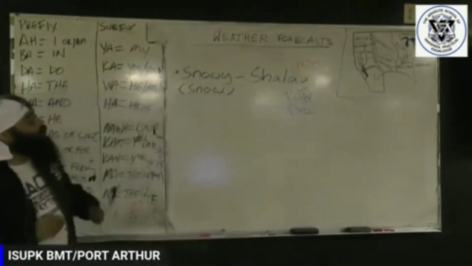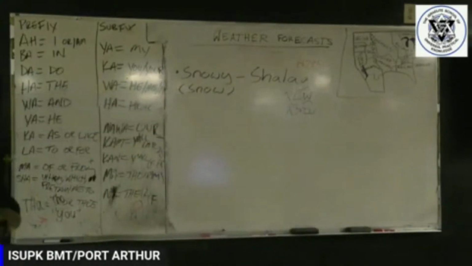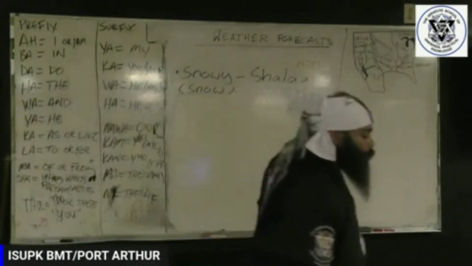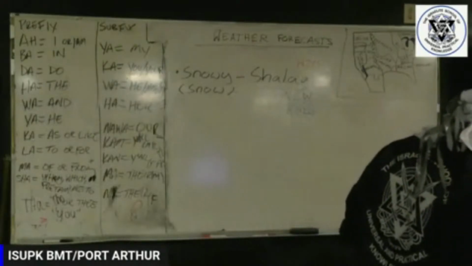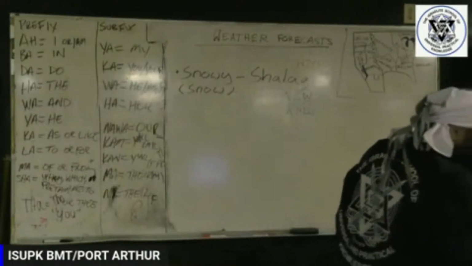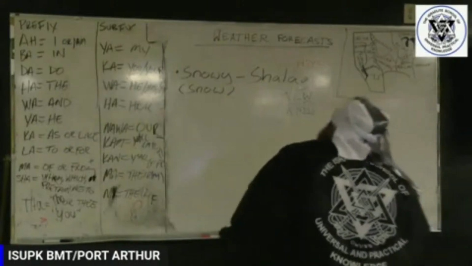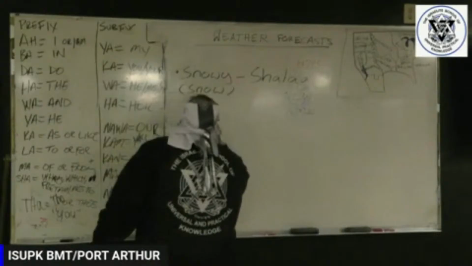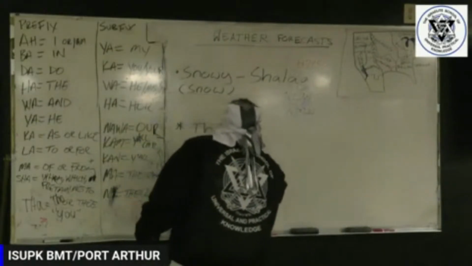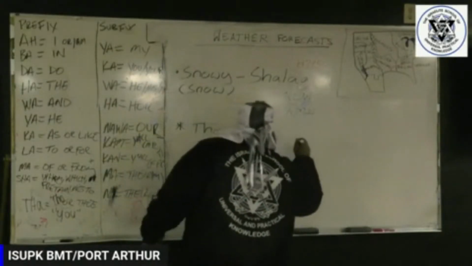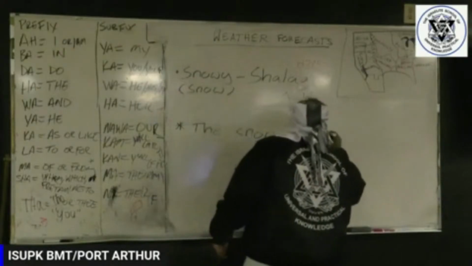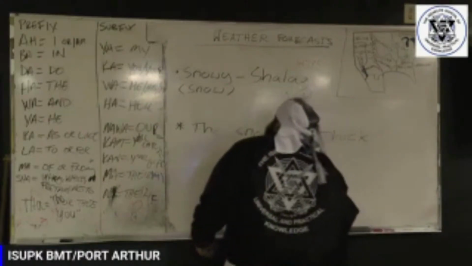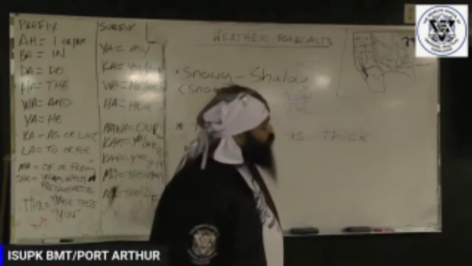That's SHALAM in Hebrew, which means snow. So we're going to have the sentence for snow. I'm going to say the snow is thick. All right, so the snow is thick.